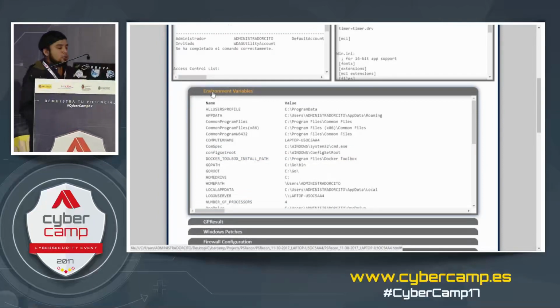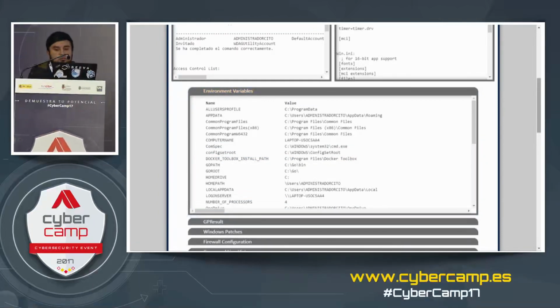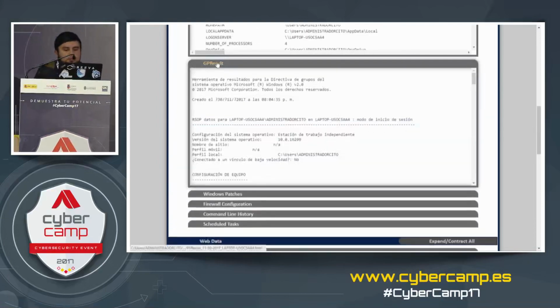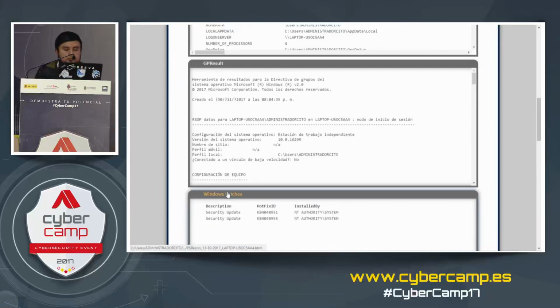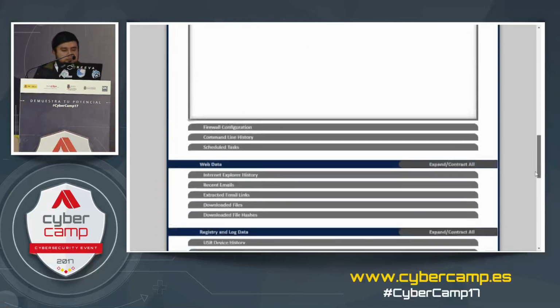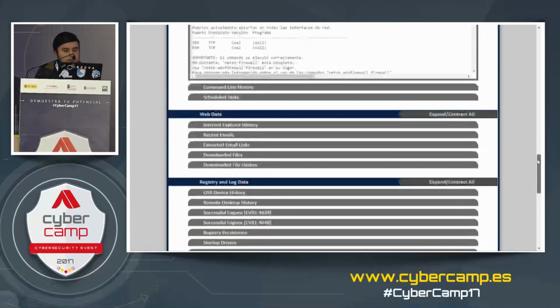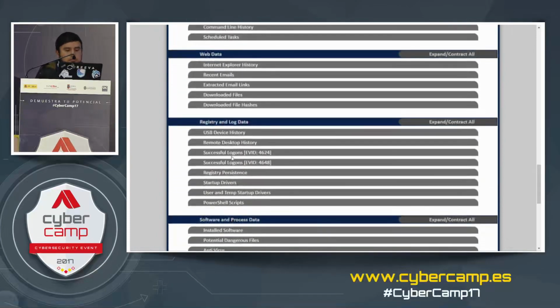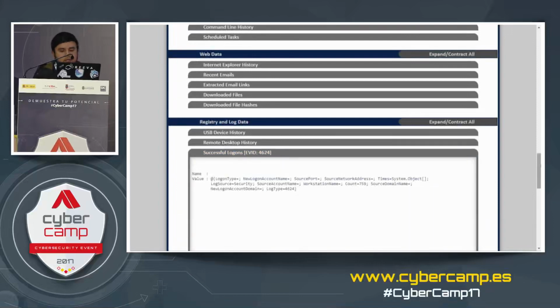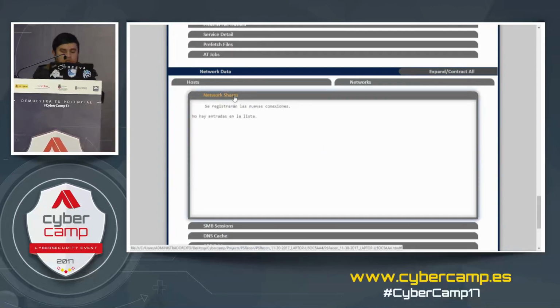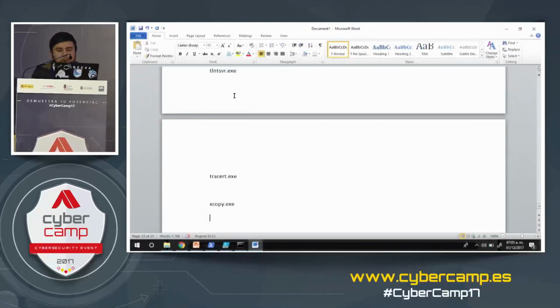As you know, we have to do things as fast as possible, and we have a great deal of information here in a nice looking report, all of this using PowerShell. We have firewall settings and many things. As you can see, there are many different possibilities.